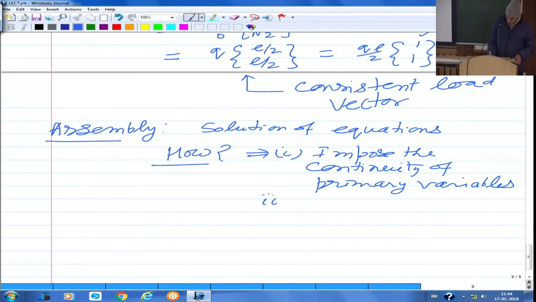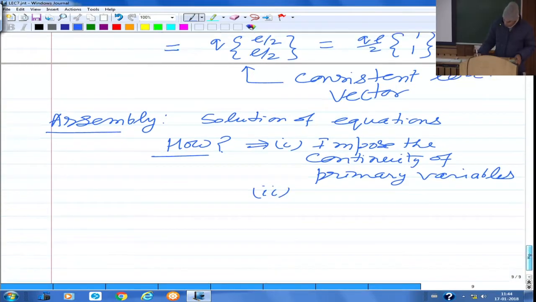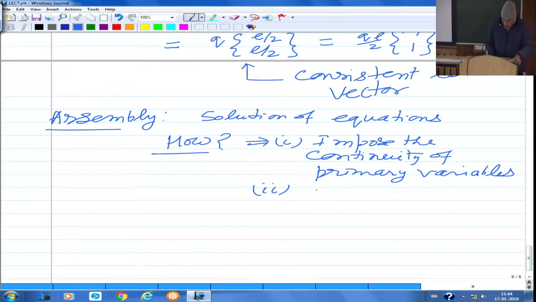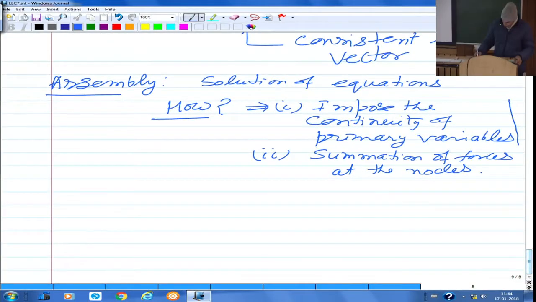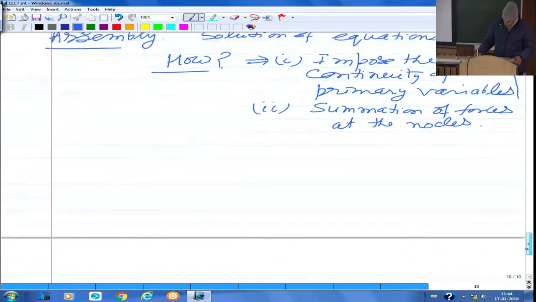And second is the summation of forces acting at the node points. These are the 2 things we do when doing assembly. Now we are going to say that the primary variables must be continuous, and we'll see how we do that.